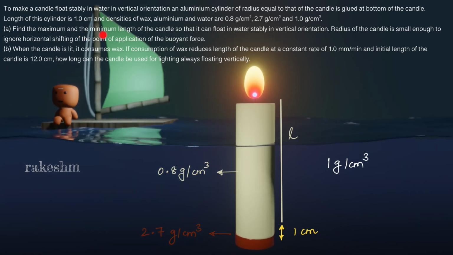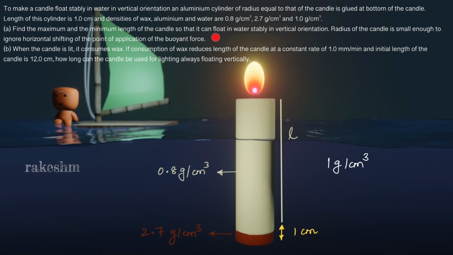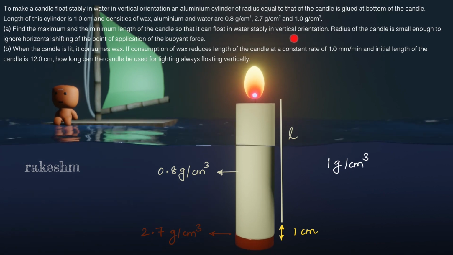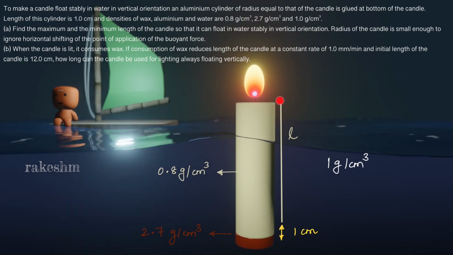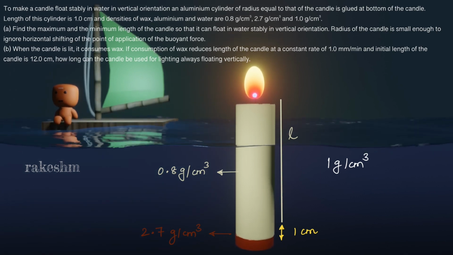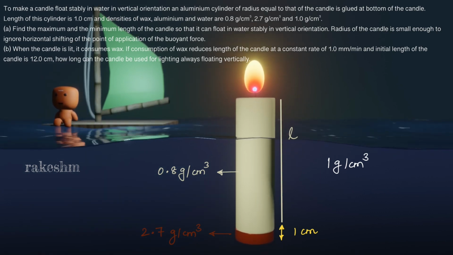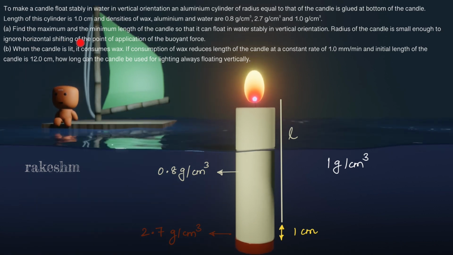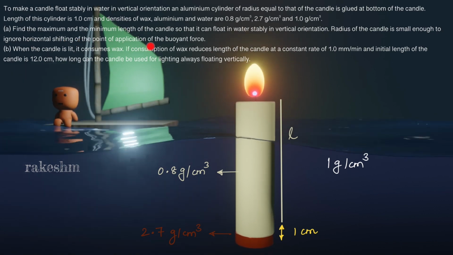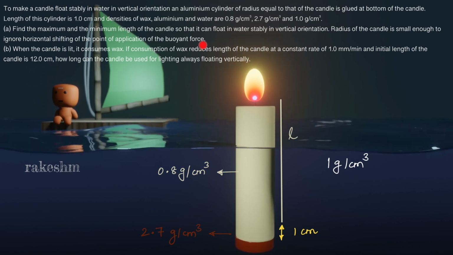Find the maximum and minimum length of the candle so that it can float in water stably in vertical orientation. The radius of the candle is small enough to ignore horizontal shifting of the point of application of buoyant force.